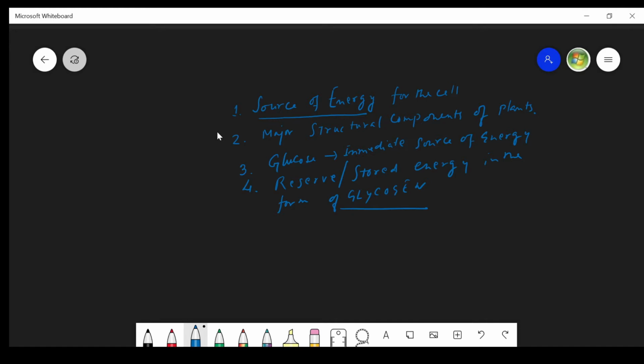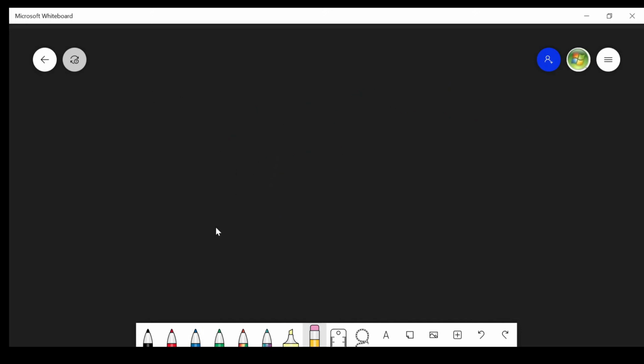So these are the salient features which carbohydrates exhibit, and for that reason carbohydrate is one of the most important biomolecules. Now all the carbohydrates have certain salient features. Number one, they are made up of carbon, hydrogen and oxygen, and the simple ratio between hydrogen and oxygen is 2:1. But there are some exceptions.